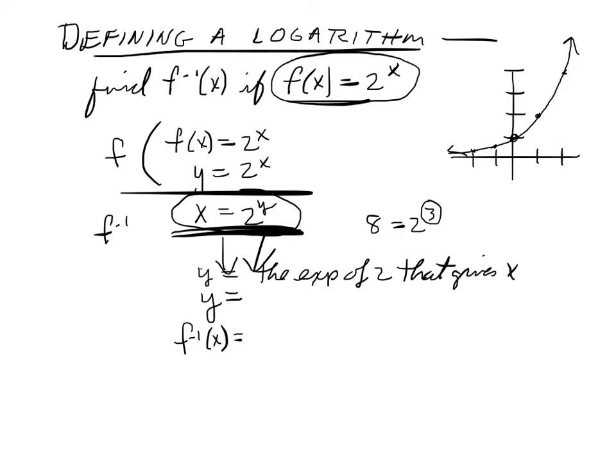It's the exponent of 2 that will give an answer of 8. And the way mathematicians came up with this is we say that y is the log of x base 2. And so this is a new notation for writing this concept, and this is what you need to learn.